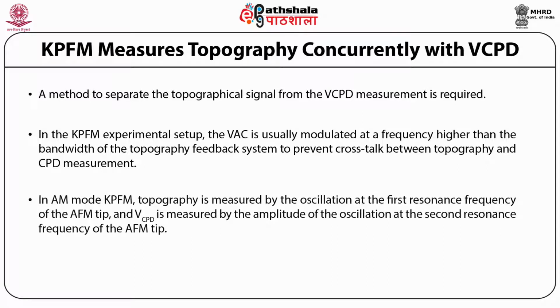In AM mode KPFM, topography is measured by the oscillation at the first resonance frequency of the AFM tip, and VCPD is measured by the amplitude of the oscillation at the second resonance frequency of the AFM tip. A mechanically vibrated cantilever generally has several resonance peaks in the oscillation amplitude frequency spectrum.